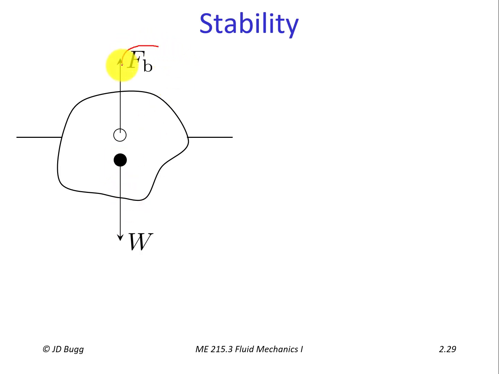Likewise, the buoyancy force that we've just talked about needs to be applied at a particular point as well. Because remember, this is not actually a single force acting on this object. This is the net effect of the fluid pressure acting everywhere around the surface. So that buoyancy force needs to be applied at the center of pressure.